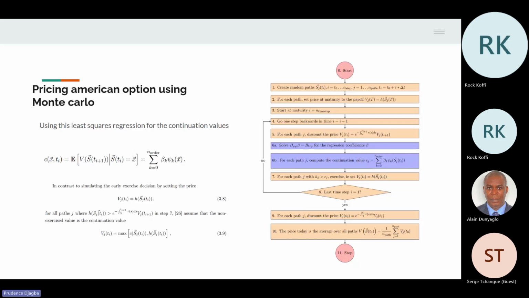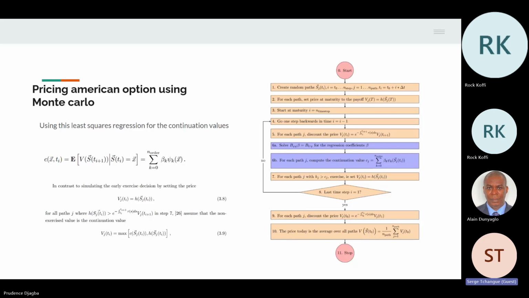It is the discounted value of the next payoff, at time t+1. Yeah, that's the right answer. So that is a discount value, it is not the continuation value. The continuation value is calculated just to compare to the payoff if I exercise today.